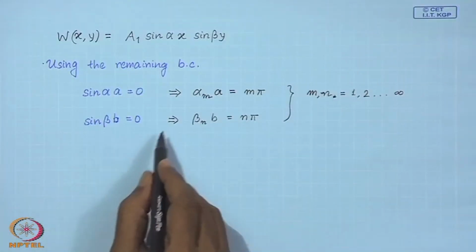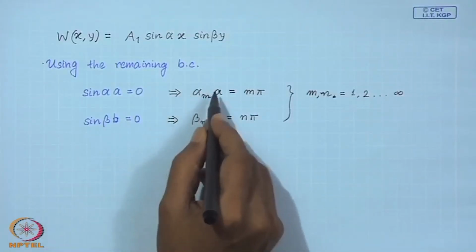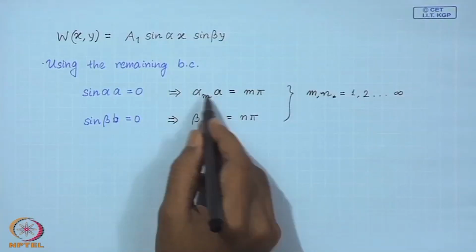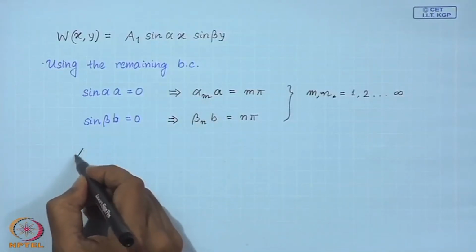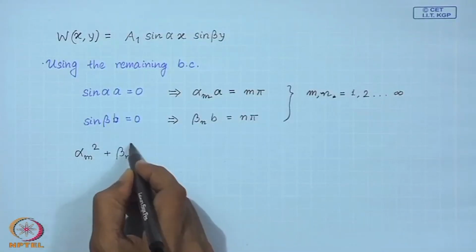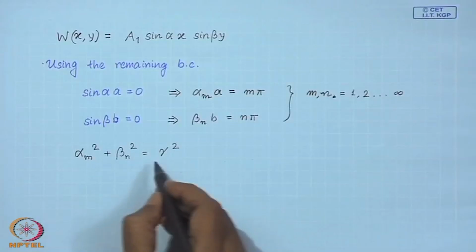If you recall the definition of this, the constraint on these alpha and beta must be equal to gamma square.